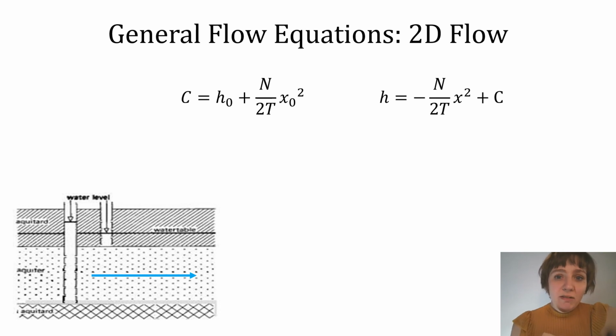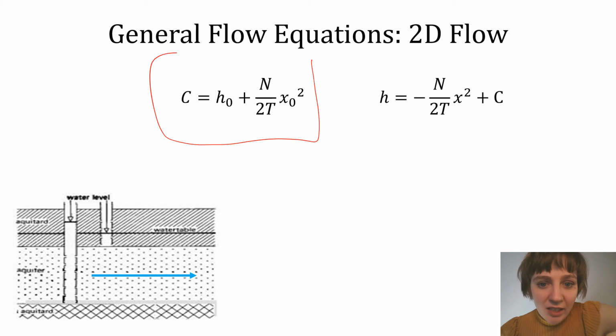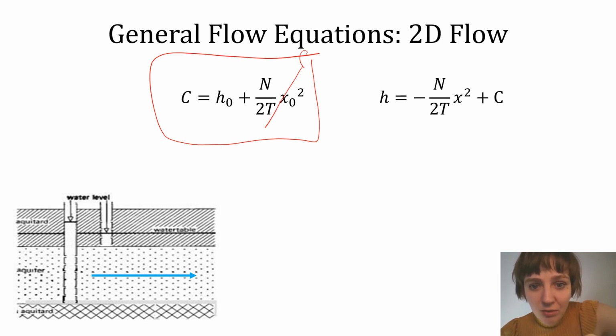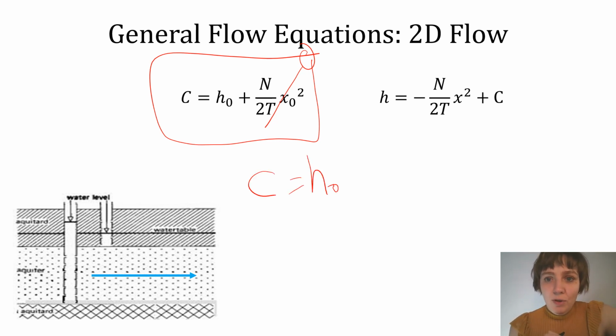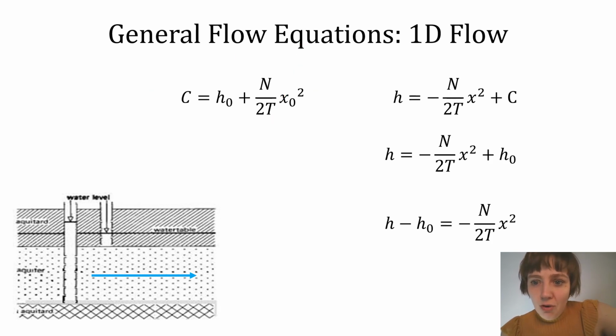So rearranging to solve for C is over here, and then recognizing that x naught, the head at the well, is at a position of 0, we're going to have C equals h naught, which we plug in for C, right?